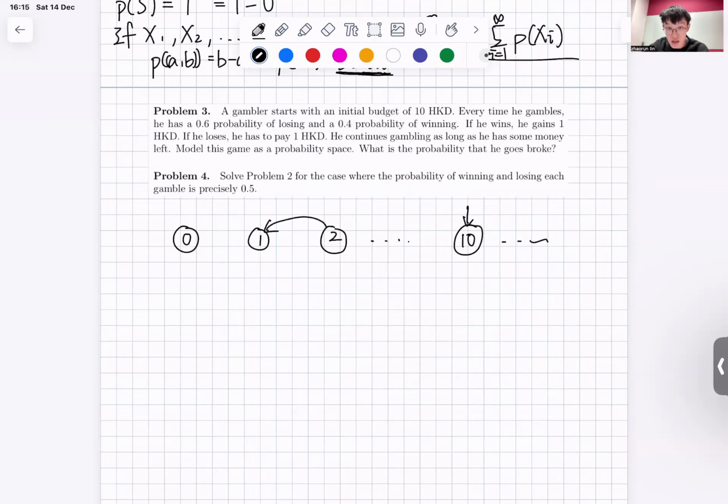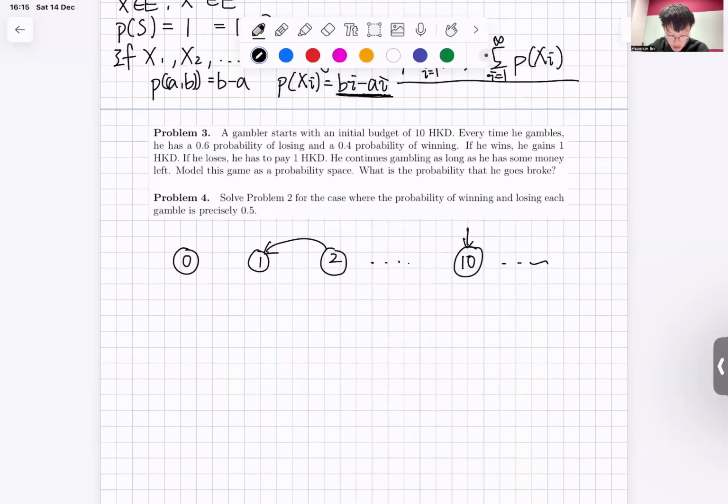We want to solve problems 3 and 4 together. Let's define the probability of losing $1. So moving from a state on the right to the left means that we lose $1. In question 3, the probability is 0.6, and in problem 4, the probability is 0.5. Let Q be this probability.